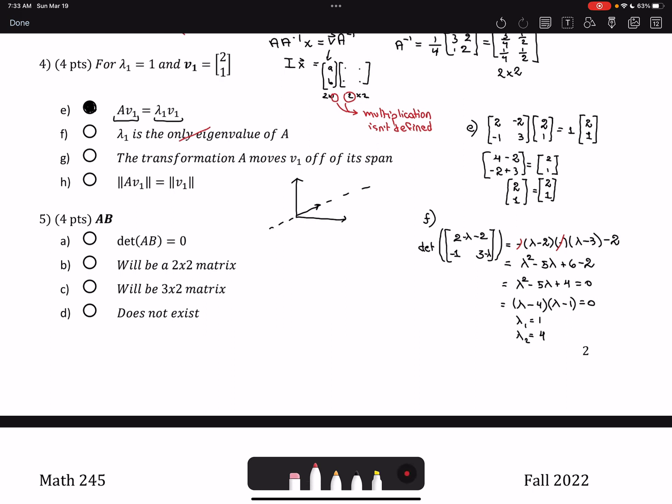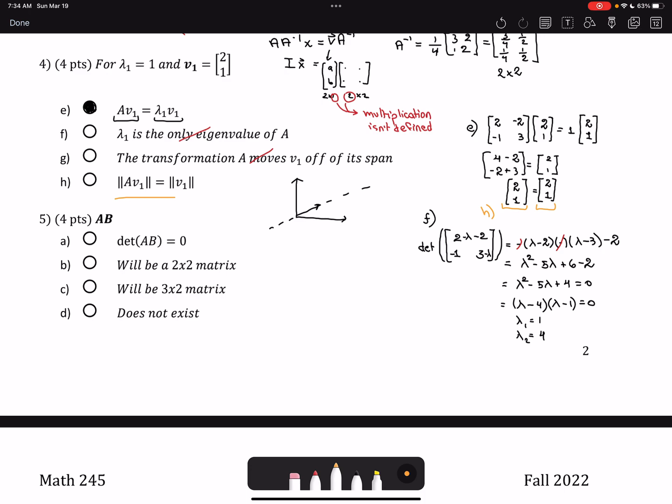Let me do it in red. And now they're saying the absolute value of the left-hand side of this is equal to the absolute value of the right-hand side. Well, for that one, we can look at this. So let's say this is H. Is the absolute value of this equal to the absolute value of this? Well, how do you take the absolute value of a matrix?